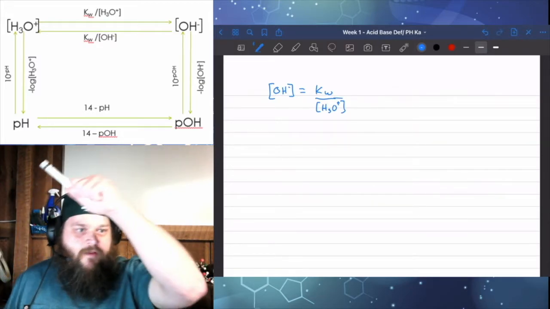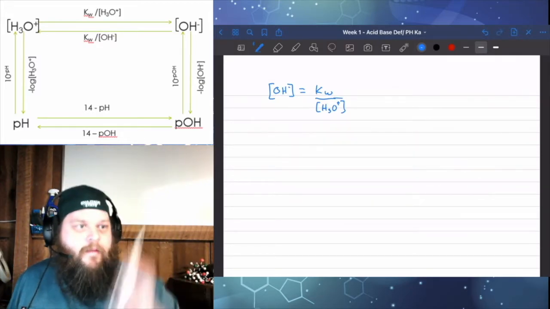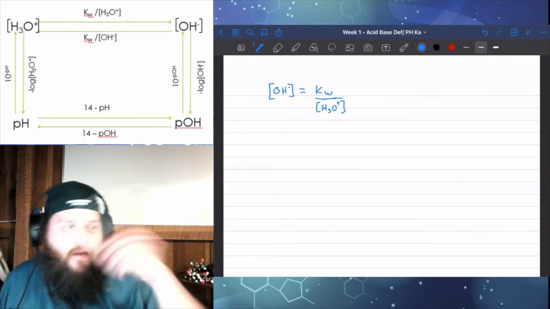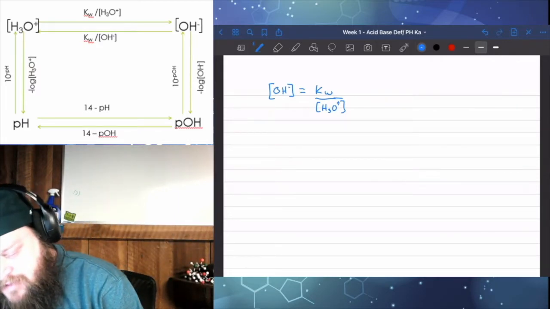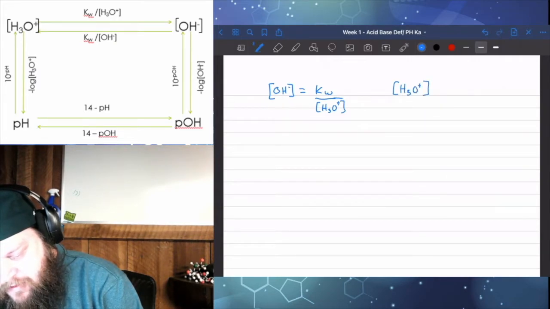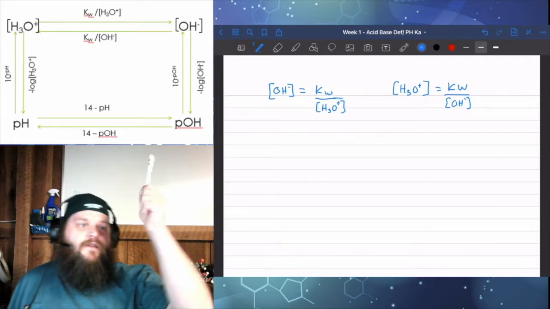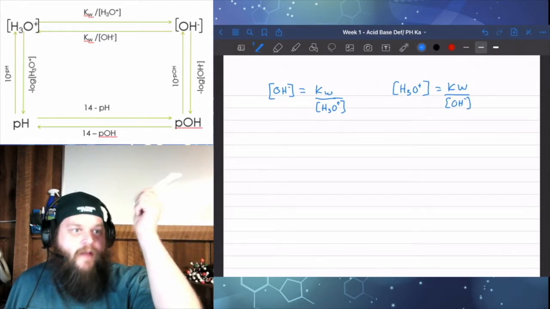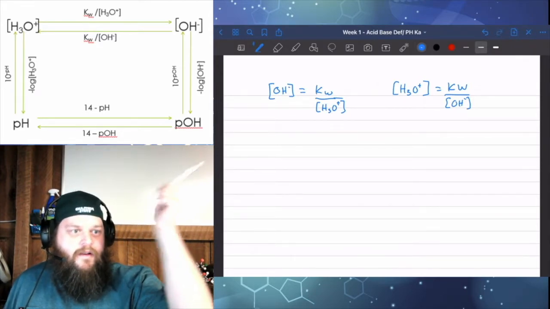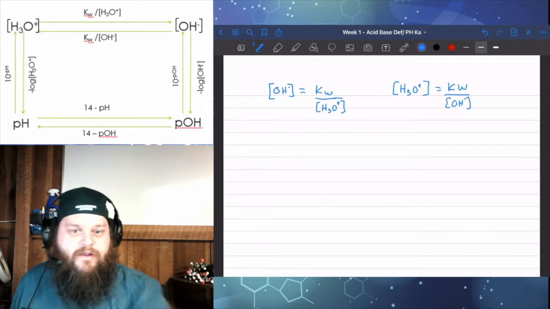That's just moving from the left to the right of that box there. I can move backwards in the same way, saying that the concentration of H3O+ is going to be equal to Kw divided by OH minus. So it's a way to go back and forth between the concentration of hydroxide and the concentration of H3O+.